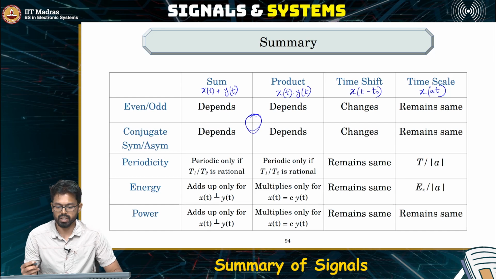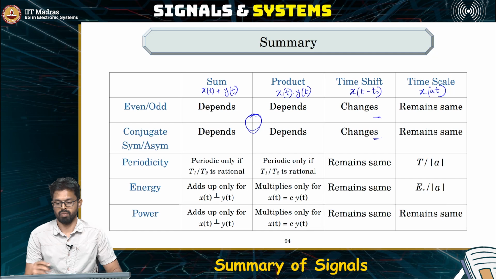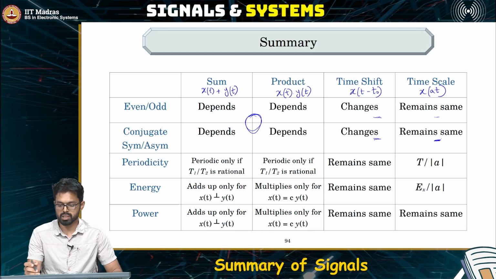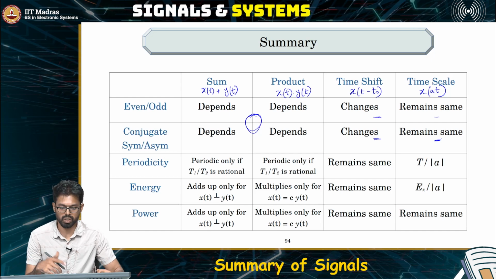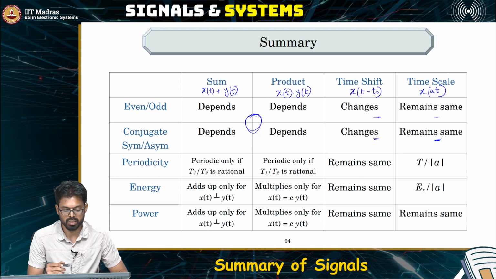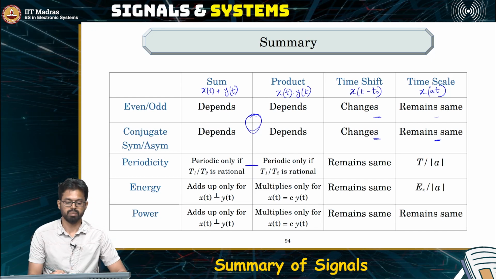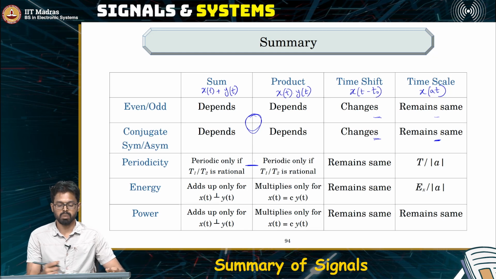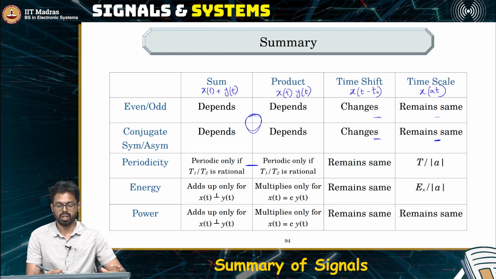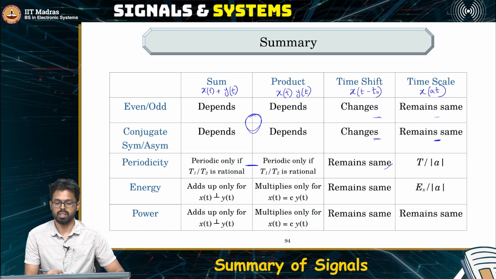Of course, when you shift in time, the symmetry changes. So we have that here. When you scale in time, remember all symmetries are about the origin, which means the symmetries do not change because scaling is also about the origin. And periodicity, we saw that when you add or multiply, the periodicity remains only if the individual periods combine together to have a rational ratio. And if you shift, of course, they are still periodic.